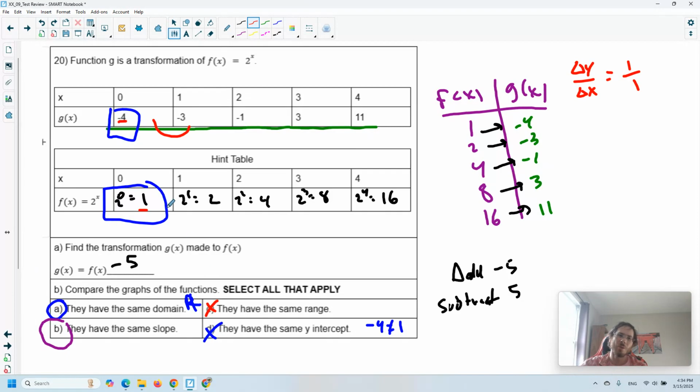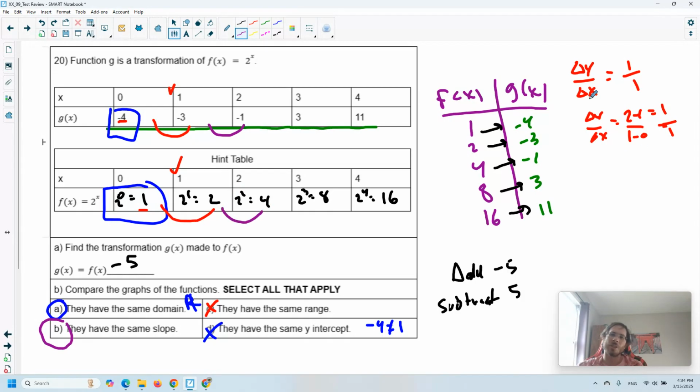Is that true over here? Yes, because again, my change in y over change in x, change in y is now going to be 2 minus 1 is 1. 1 minus 0 is 1. So this one checks out. I got to check the next one.